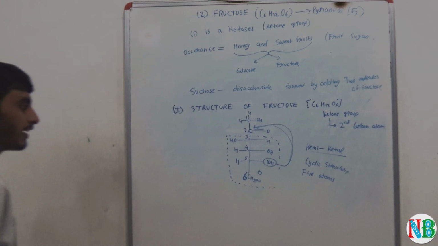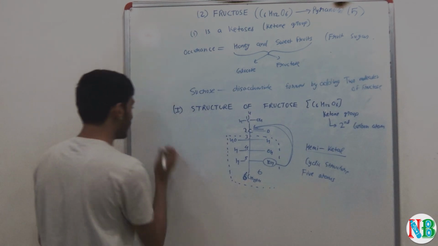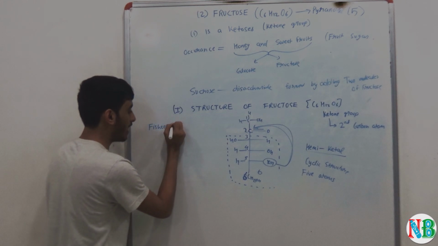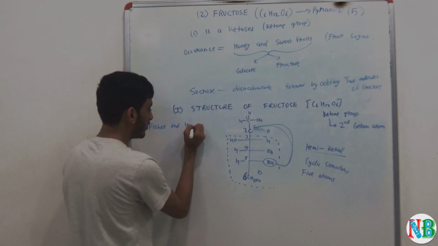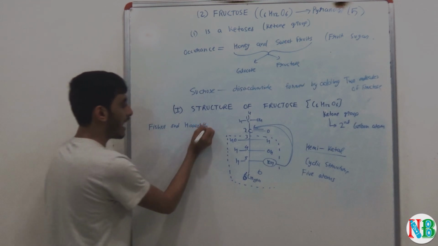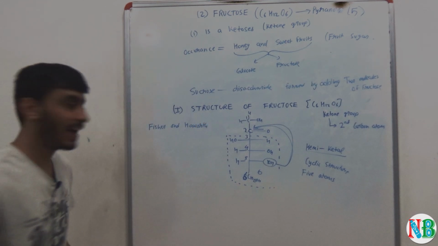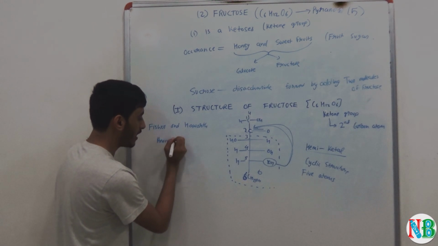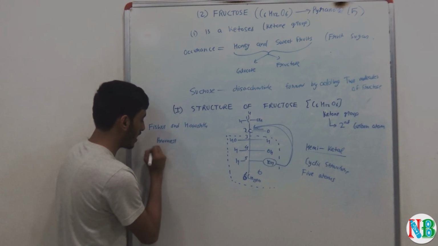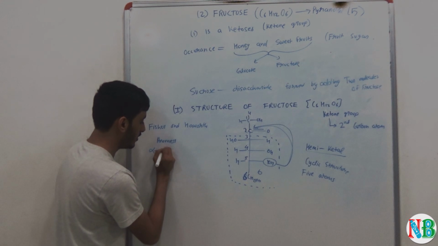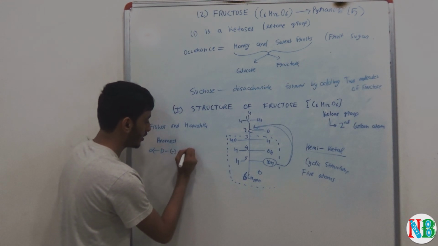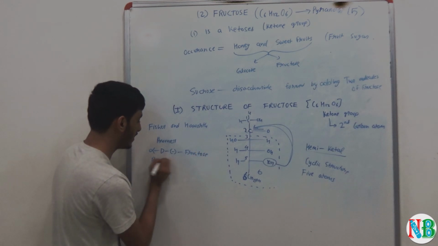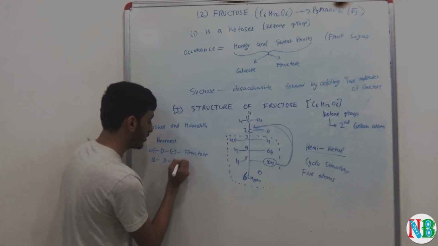In this case also, we have to draw 2 structures, Fischer and Haworth, and it also has 2 anomers. The anomers are alpha-D-fructose and beta-D-fructose.